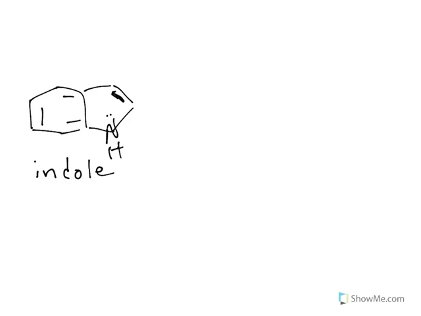This is what we call a privileged structure in medicinal chemistry. So it's used in a lot of drugs, and it's a very widely expressed naturally occurring nitrogen heterocycle. The molecule serotonin is a neurotransmitter, and it is based off of the indole ring.